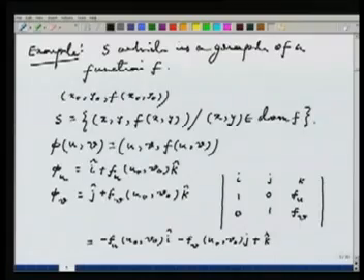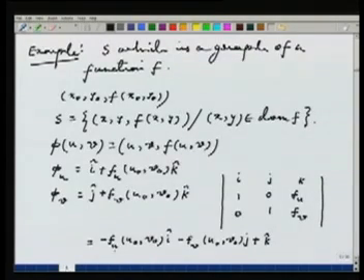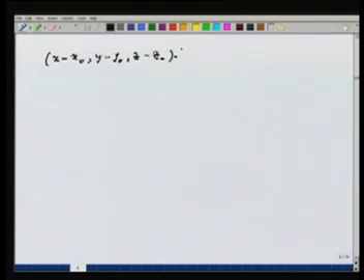Okay. So, then the equation of the tangent plane is easy to calculate. The equation of the tangent plane is x minus x naught, y minus y naught, z minus z naught, dot, the normal vector, which is given by this. This is a normal vector, so I just use that.